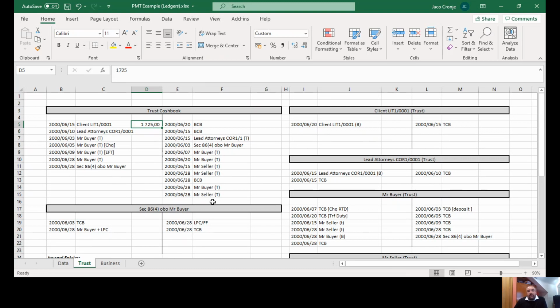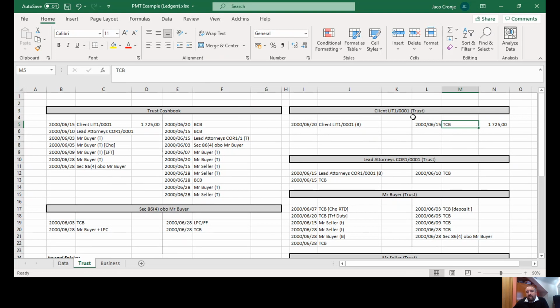Now I've got a debit. What must I go and credit? And the answer is my client's ledger, but his trust ledger. So 1,725. Do you see my cross-reference there? I say client LIT11, and in client LIT11, I reference it back to my trust cash book. Now, when answering questions about this, it's very important that you separate.